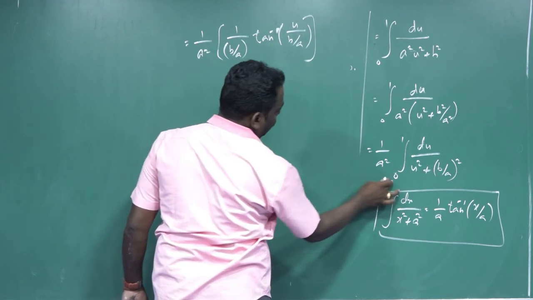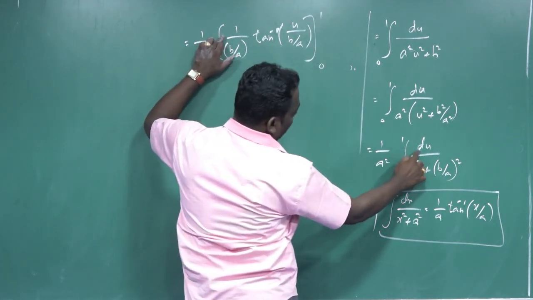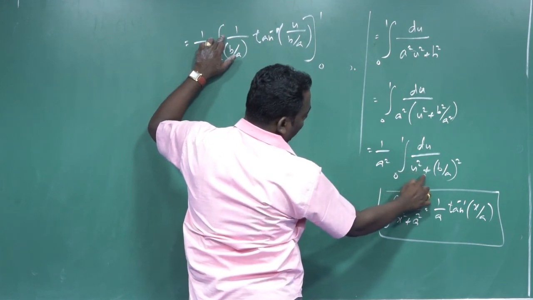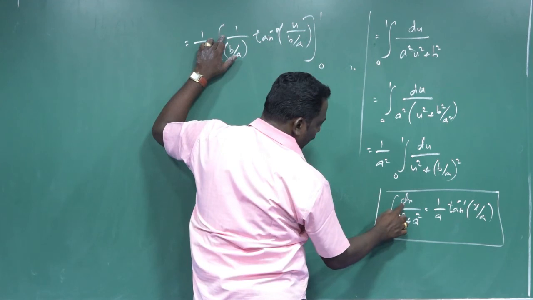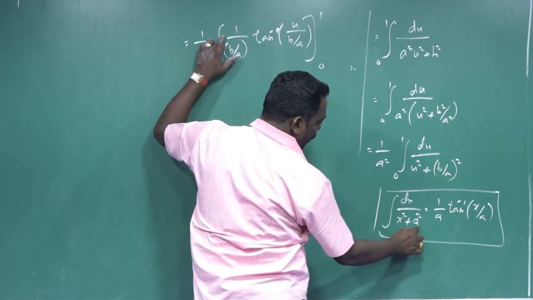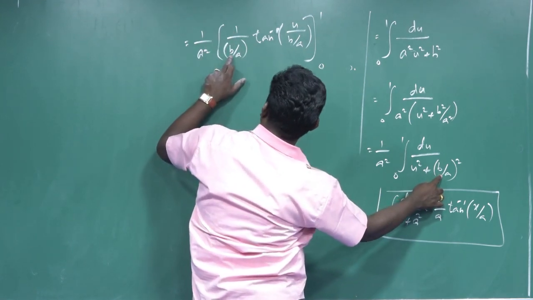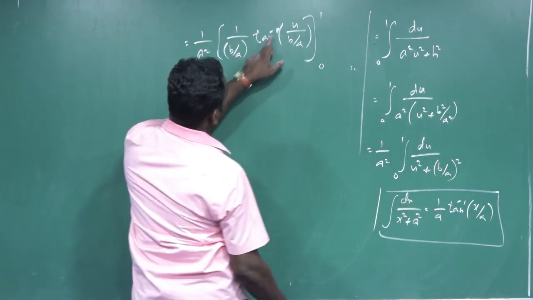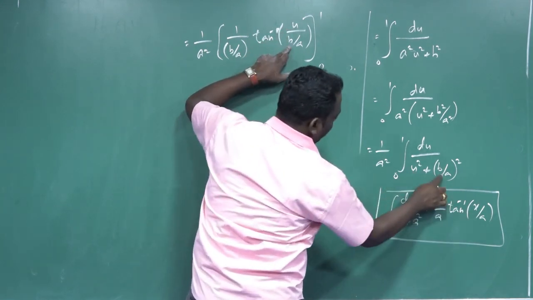The limits are 0 and 1. The integral du by u squared plus b by a whole squared is in the form of the integral dx by x squared plus a squared, which equals 1 by a. What is a? 1 by the a value, which is b by a, tan inverse of x, what is x here? u by a, what is a? b by a.